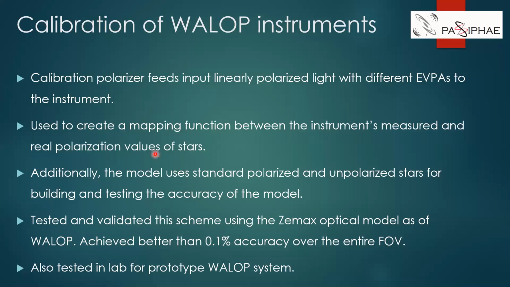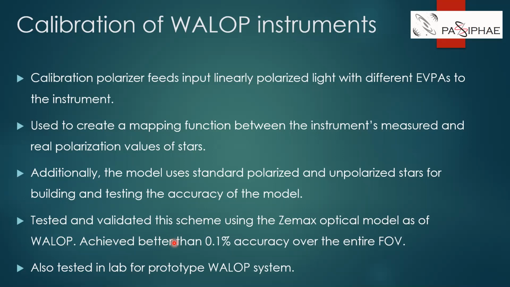And in addition to using this calibration polarizer, we will also use standard polarized and unpolarized stars as part of building the model, as well as testing the accuracy of the model. To test this method, in the absence of a real instrument that we have not yet commissioned on sky, we didn't wait for that.